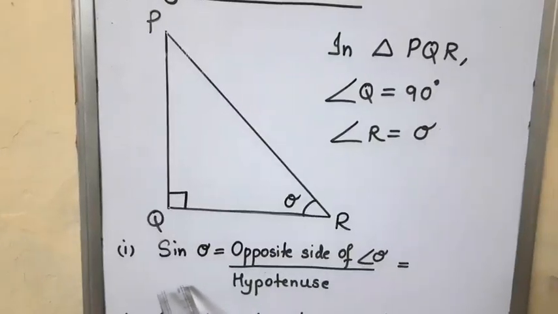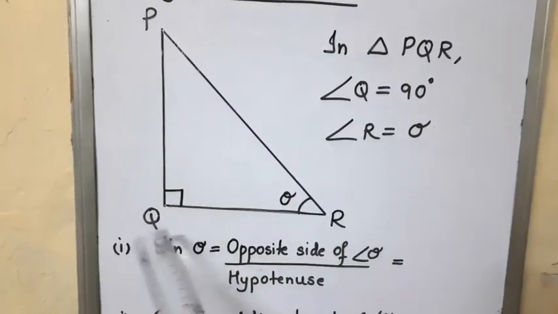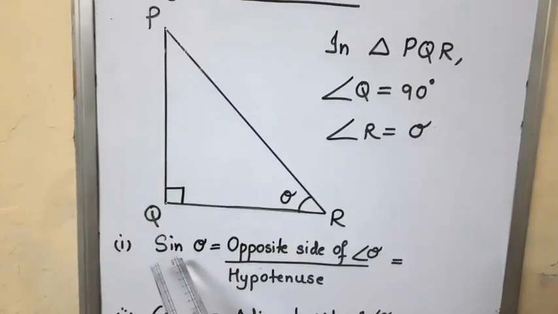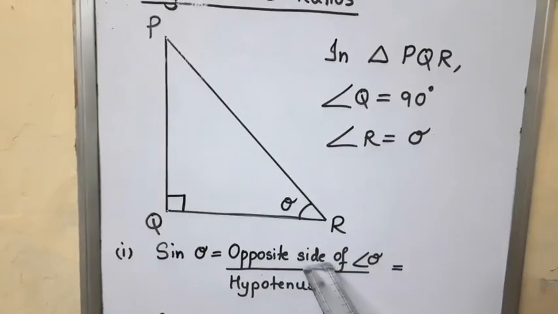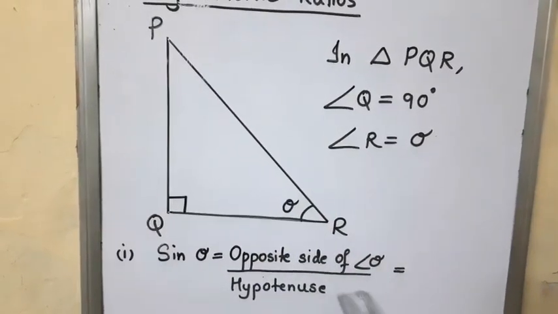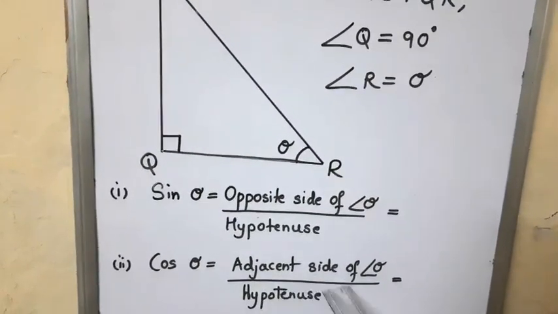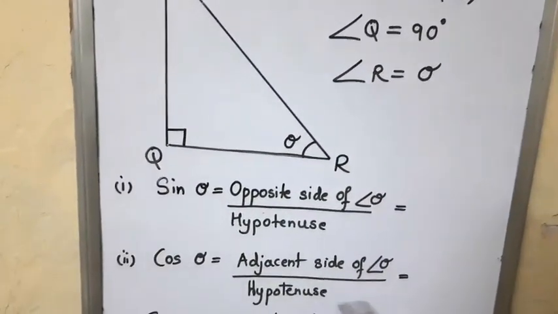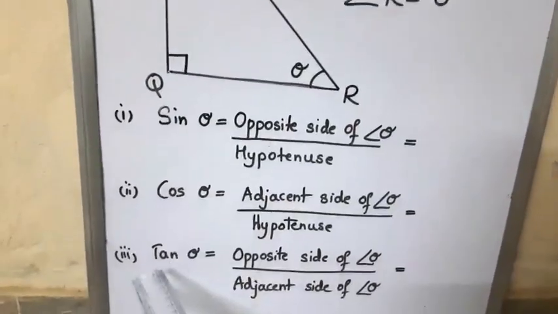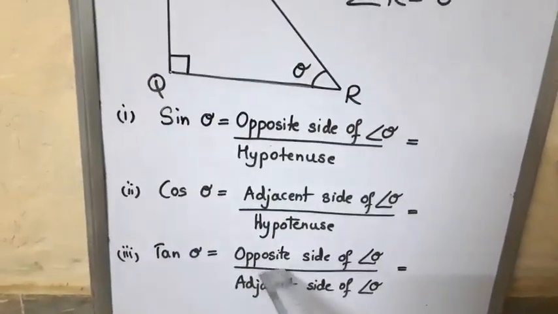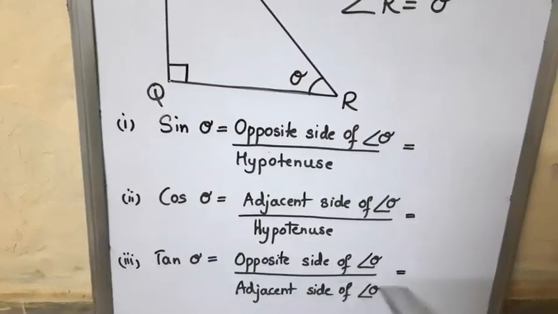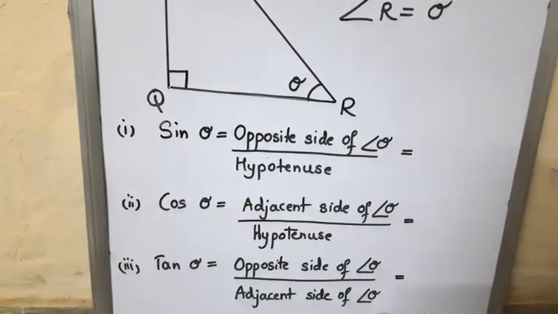Let's see in detail what you mean by sin theta. First ratio, sin theta is the opposite side of angle theta upon hypotenuse. Cos theta is equal to adjacent side of angle theta upon hypotenuse. Tan theta is equal to opposite side of angle theta upon adjacent side of angle theta.